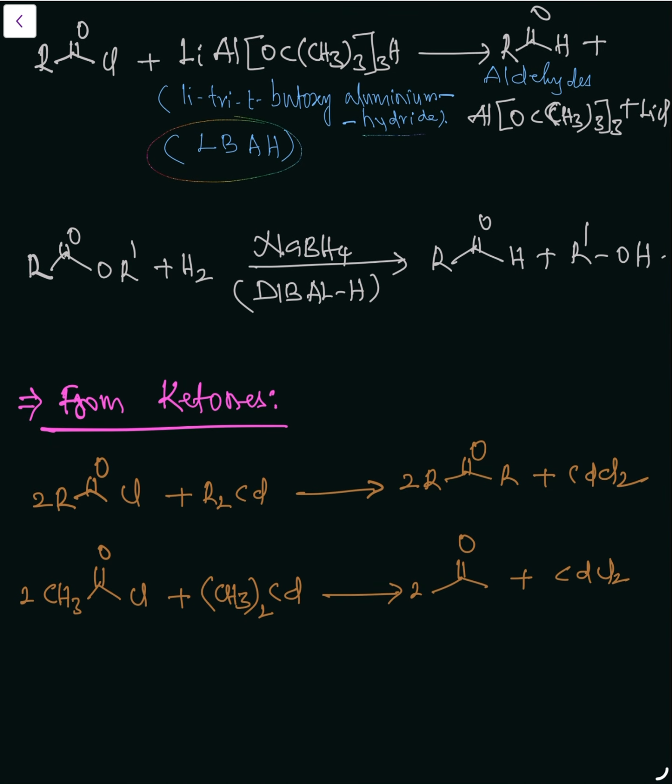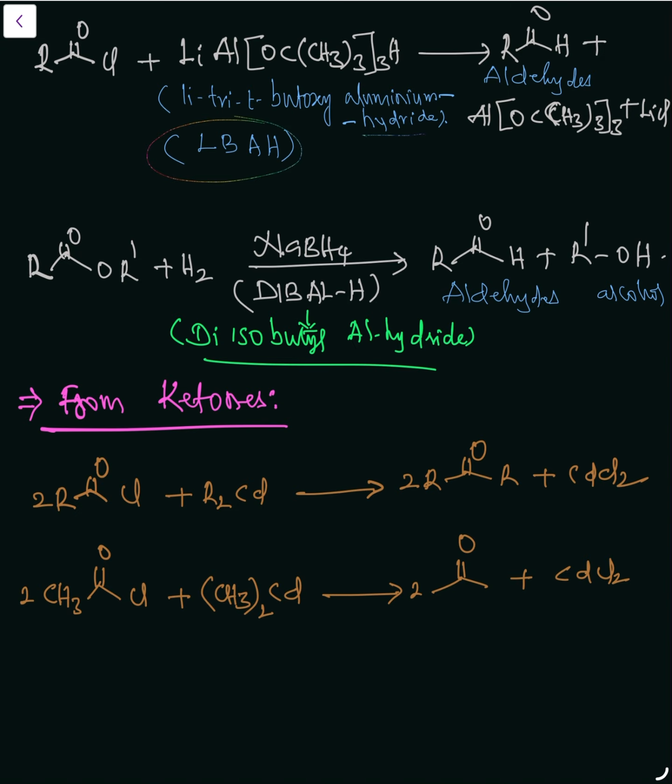What is DIBAL? DIBAL is nothing but diisobutyl aluminium hydride, which is also a reducing agent, which reduces esters. Generally, esters can be reduced to aldehydes. Along with that, alcohol is also formed in this reaction.